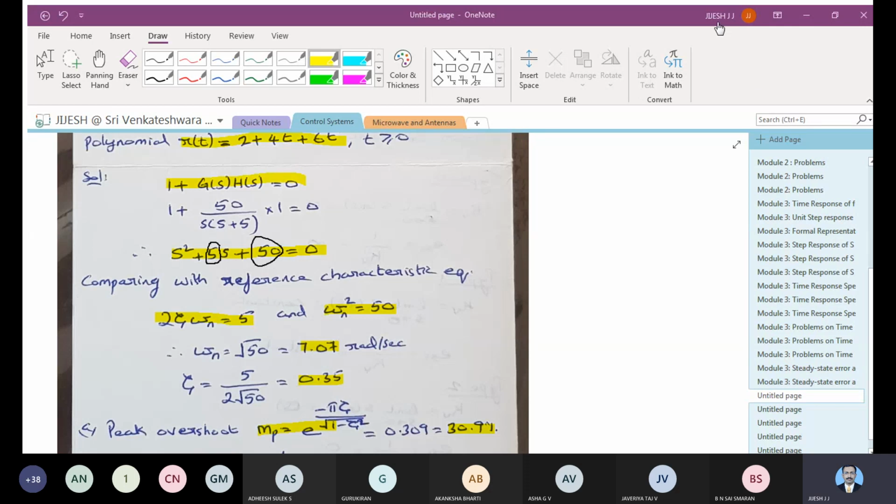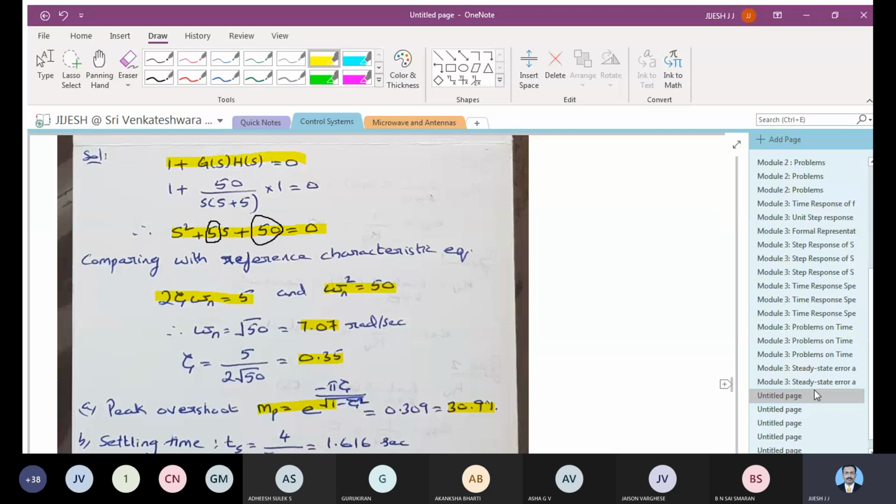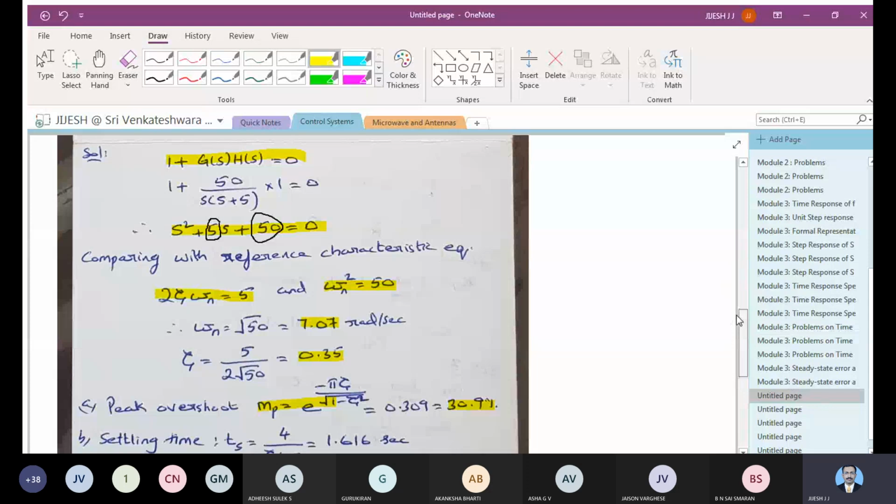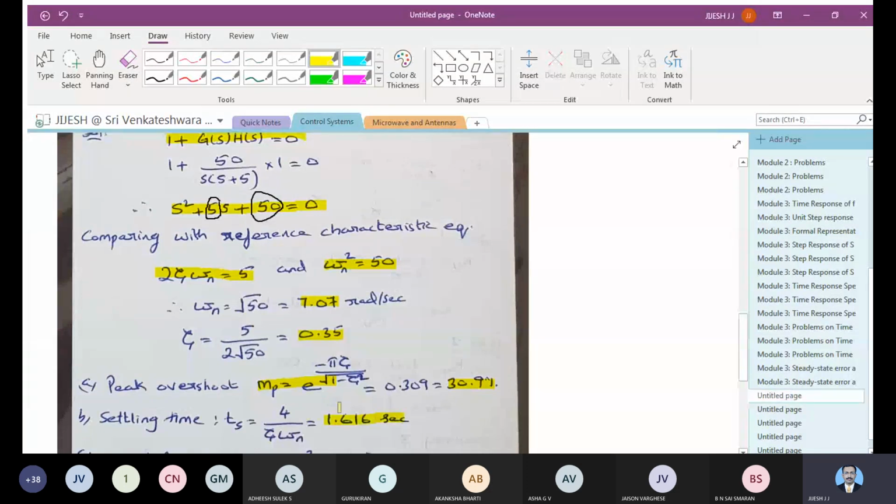What is the answer you got for that? 1.6 seconds. Yeah, others, have you completed all of you? Yes, sir. Okay, fine. So you will get 1.616. So you'll get settling time as 1.616. All of you got it? Yes, sir. Okay.